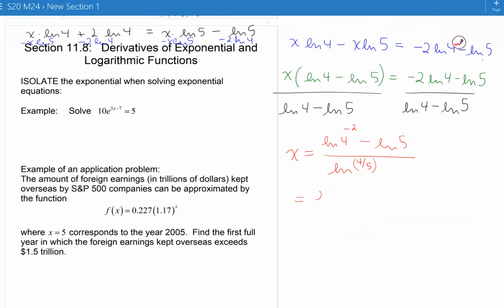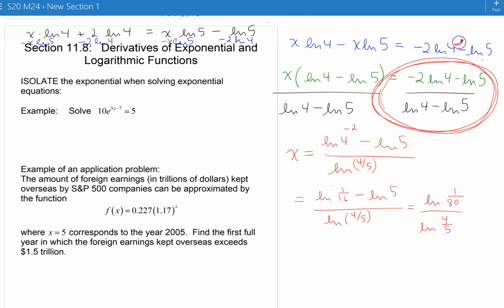So in the numerator, I'd have the ln of 1/16 minus the ln of 5 over ln of 4/5, which would be the ln of 1 over 80 over the ln of 4/5. So this answer is fine. Sometimes in the book they go farther, so know that that's all they're doing.